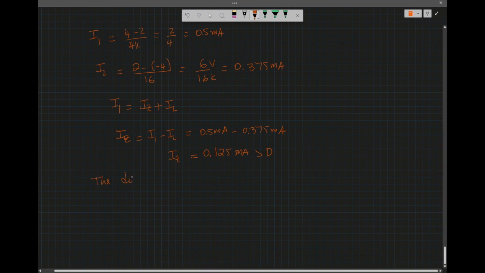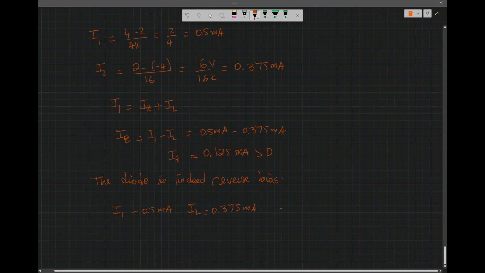So the diode is indeed reverse bias. So we know I1 is 0.5 milliamp, we know IL, which is 0.375 milliamp.